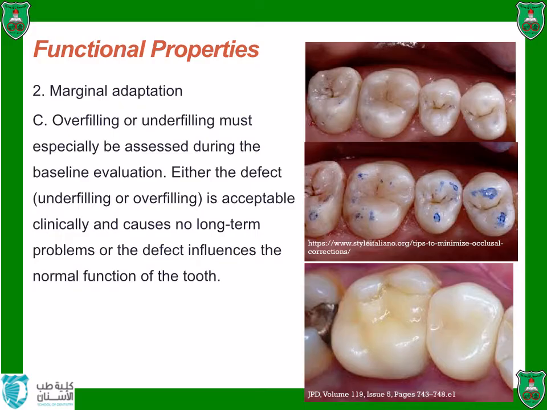However, if the underfilling in amalgam is very severe and all your margin is exposed, then you need to replace this amalgam. For overfilling of amalgam, if it's very minimal, you can delay the treatment for 24 hours, and then bring the patient back and correct the overfilling.